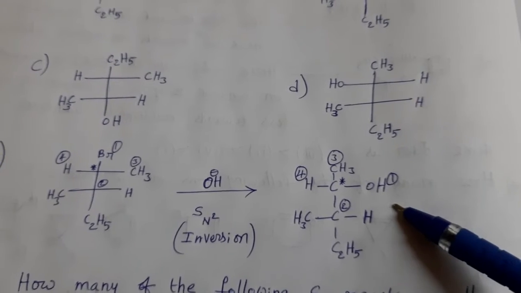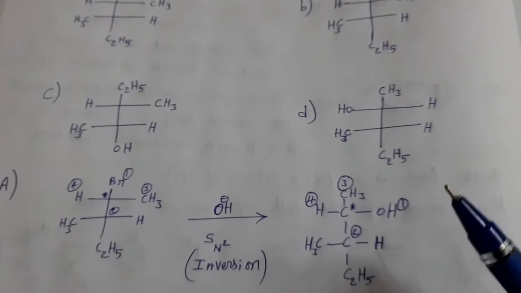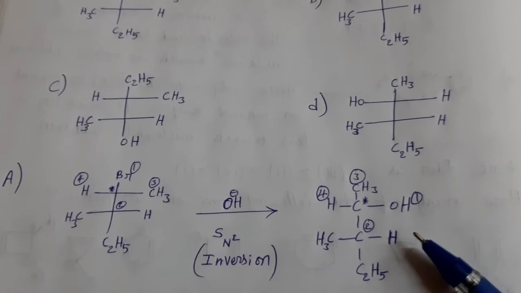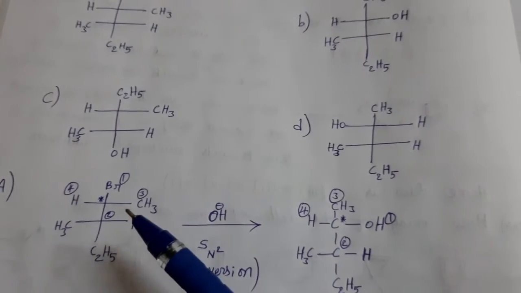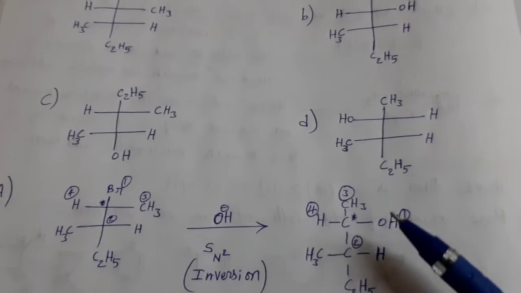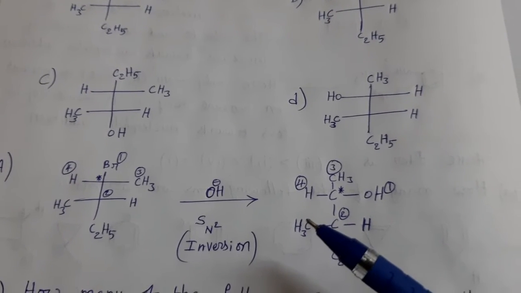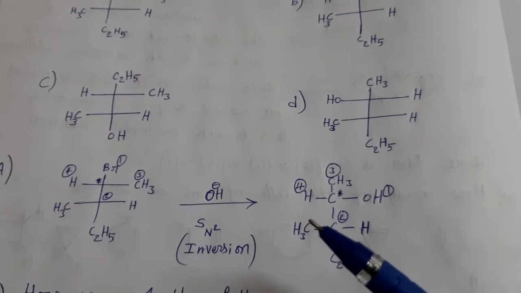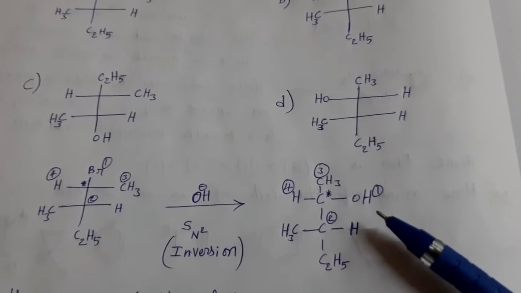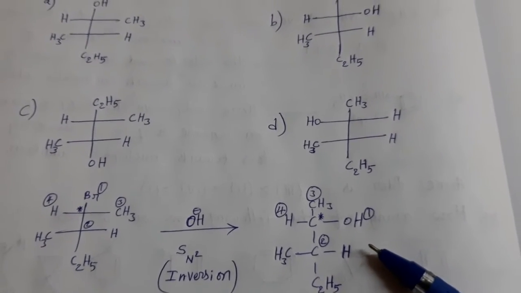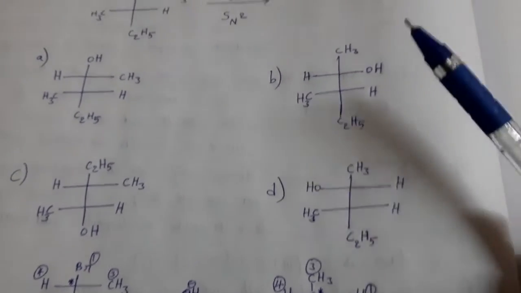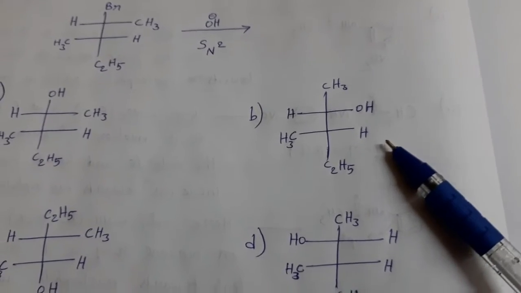So this is the product. The reason is, why do we get this structure instead of the other structure? Here the reaction undergoes SN2 mechanism. That's why inversion takes place. Hence we can get this structure as the product. Then what is the answer? Option B is the answer.